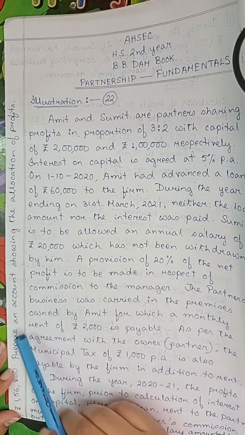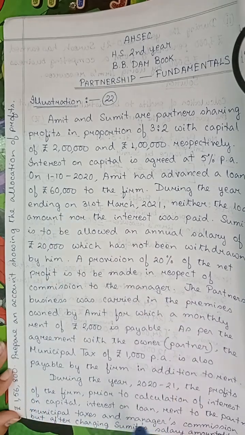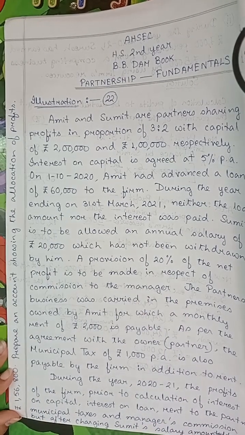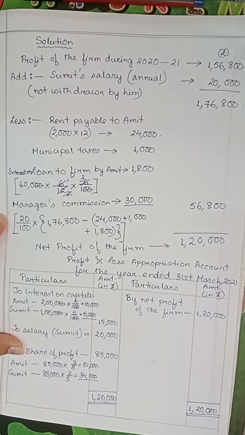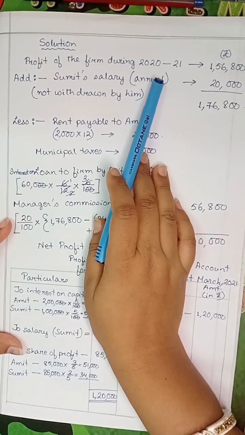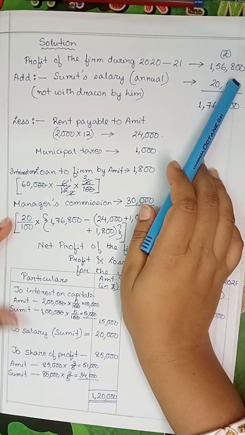You have been asked to prepare an account showing the allocation of profit. You just have to take out the profit of Amit and Sumit. Now you just see the sum. What is the profit of the firm during 2020 to 21? It is 1,56,800.